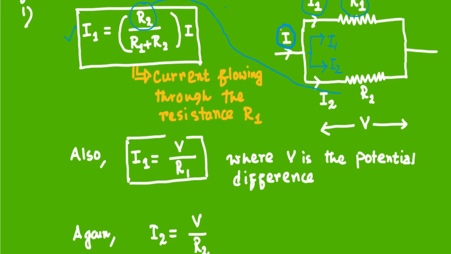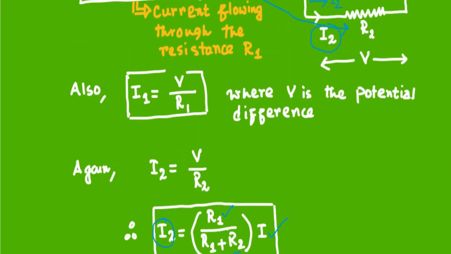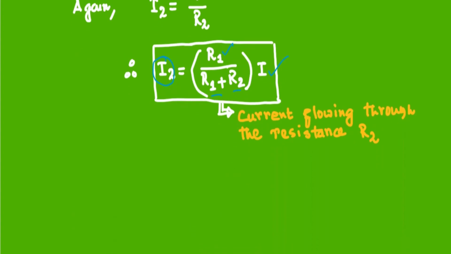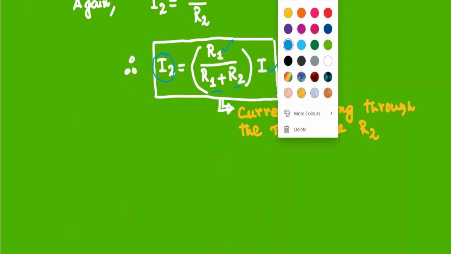Through the resistance R1, for current I1, in the numerator we should have the other resistance R2, and in the denominator we have the sum of all the resistances, R1 plus R2, into main current I. Similarly for I2, current flowing through the resistance R2, in the numerator we should have the other resistance R1, in the denominator we have R1 plus R2 into main current I. So that is the current flowing through the resistance R2.